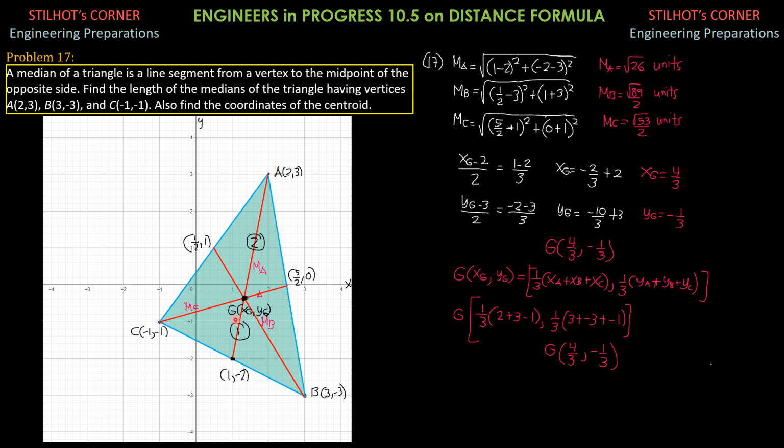Then by similar triangles, because this is a straight line, we have xG, the x coordinate of the centroid, minus 2 as to 2 units, equal to 1, the other endpoint of the median, minus 2 as to 3 units, which is the hypotenuse. Supposedly, we are defining the sine or cosine of the angle the median makes with the x-axis.